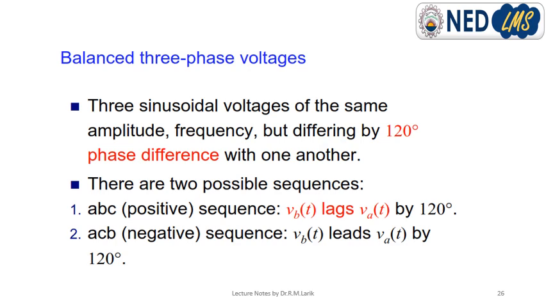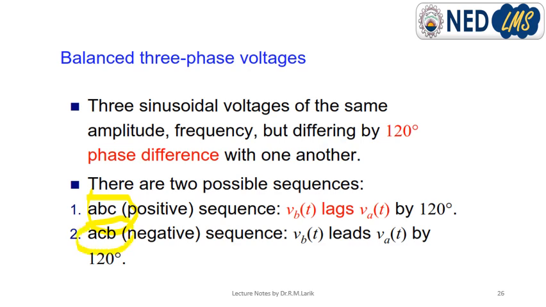Either the rotor rotates in a clockwise direction or in an anti-clockwise direction. Whatever the direction of the rotor, we get a certain phase sequence. We have a positive phase sequence, which we call ABC, and a negative phase sequence, which we call ACB.